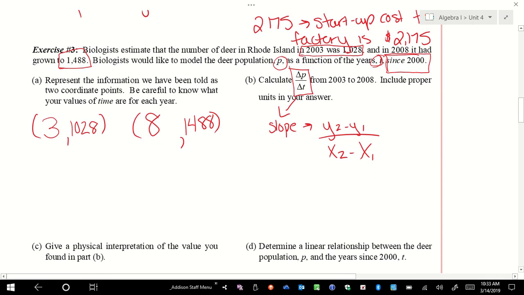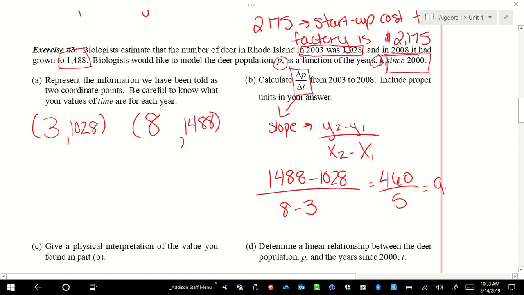For that equation, you should be doing 1488 minus 1028 over 8 minus 3. That gives you 460 over 5, which simplifies to 92 deer per year.